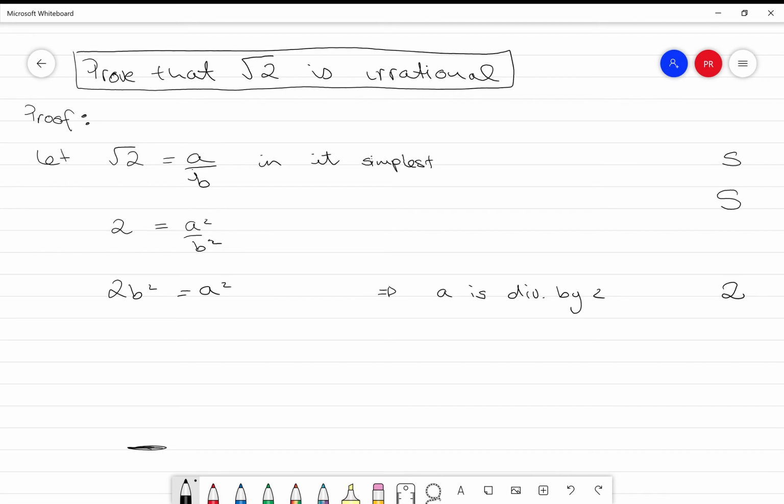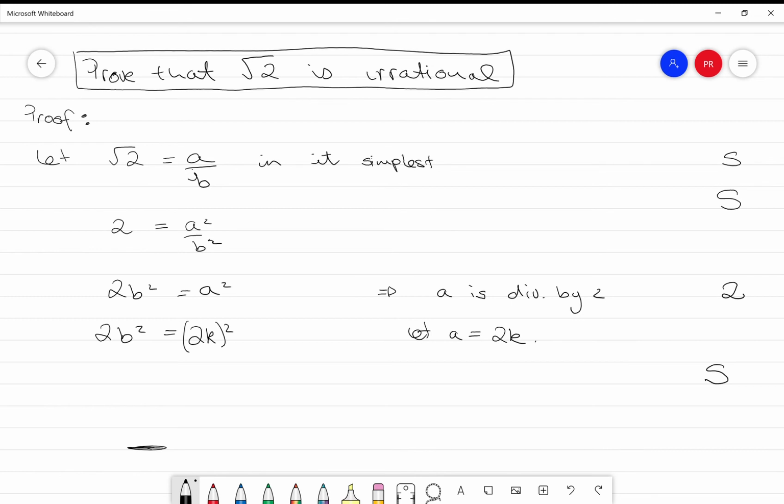Now we let a equal 2k, because if it's divisible by 2, it's equal to 2 times another number. So that gives me 2b squared must now be equal to 2k squared, and now I square again.